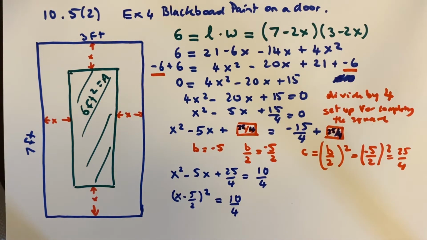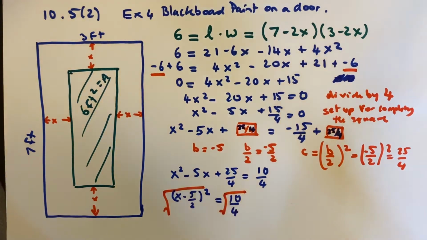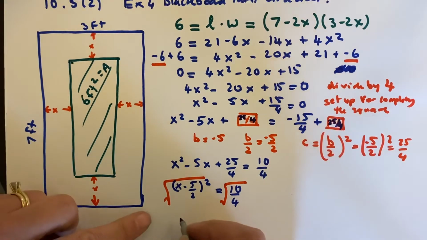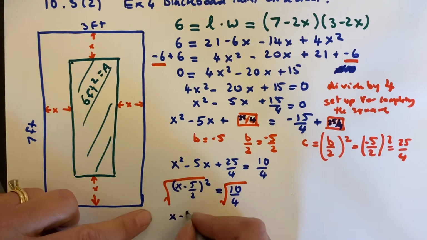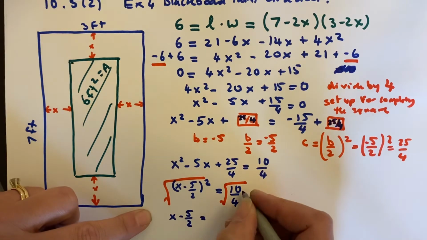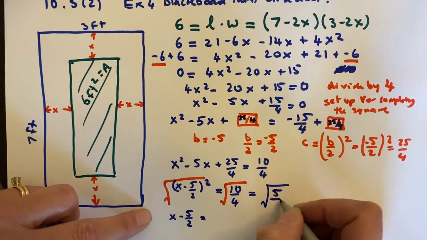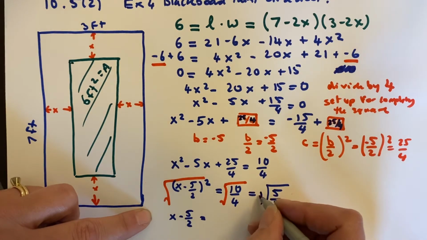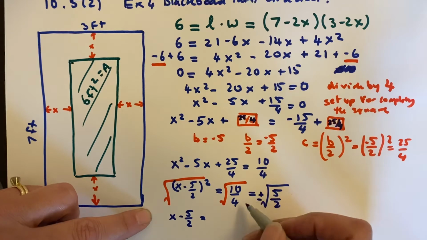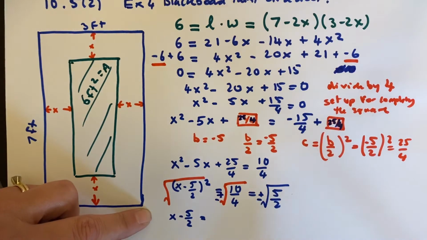Now that I've gotten to that point, I'm going to take the square root of both sides. When I do that, I'm going to end up with x minus 5/2 is equal to, and I'm just going to reduce it, because I divide both by 2, so it's going to be the same thing as the square root of 5/2, and it's the positive or negative square root.